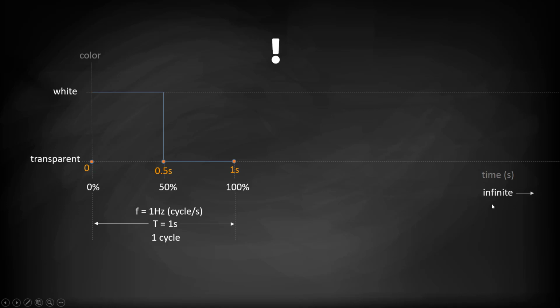Okay, let's do that. Let's start from time 0, so it's white for half a second, then it's transparent for another half a second, then it's white again for another half a second, and then transparent, white, transparent, white, and so on. You get the idea.